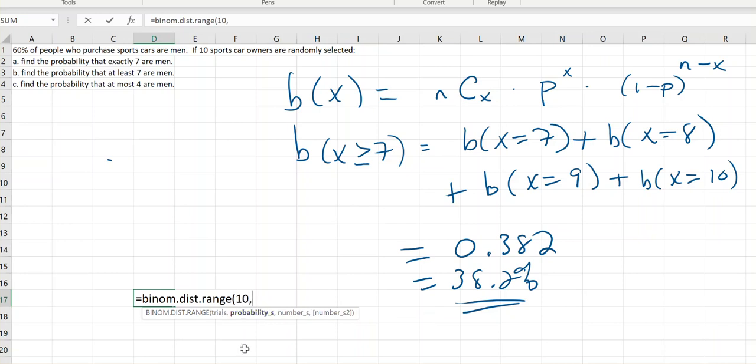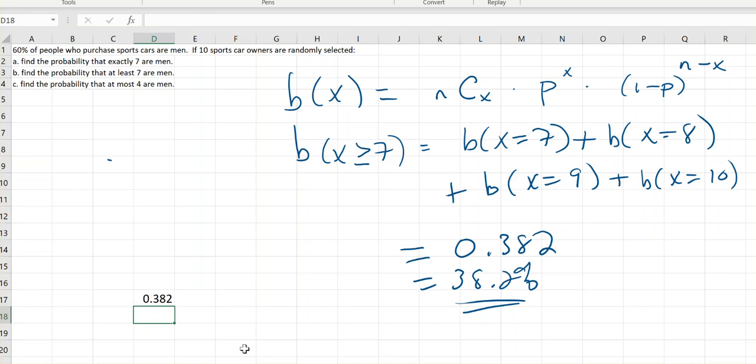The probability of success is 0.6, comma. The first range starts from 7, comma, and goes up to the second range, the higher range, which is 10. And you see it's 0.382.